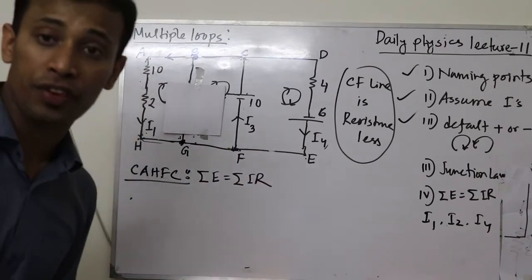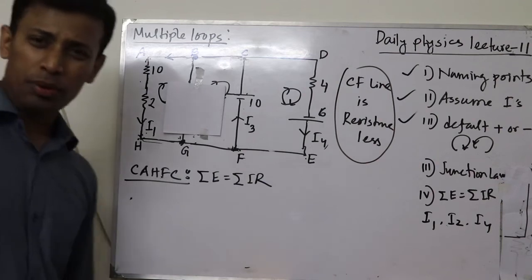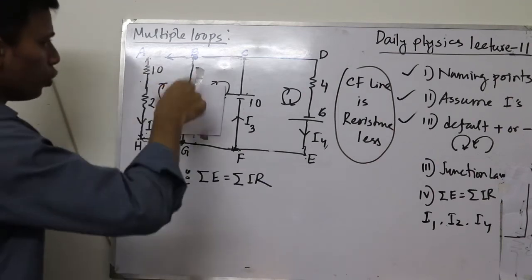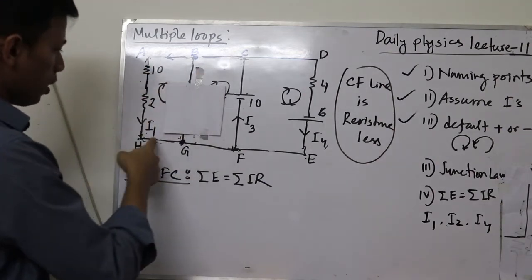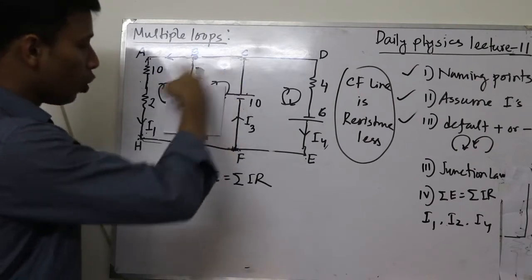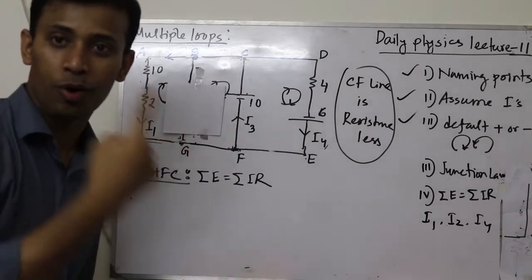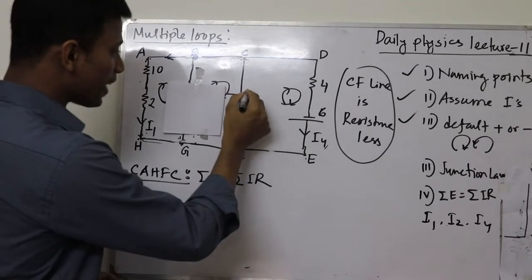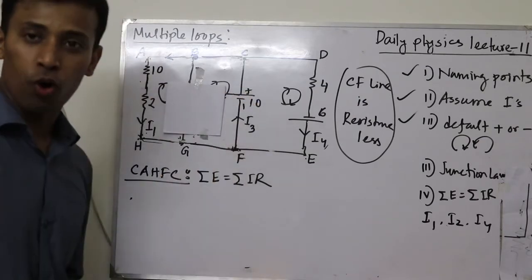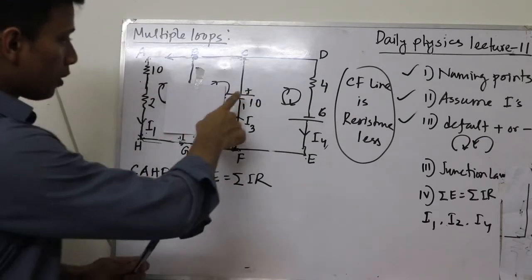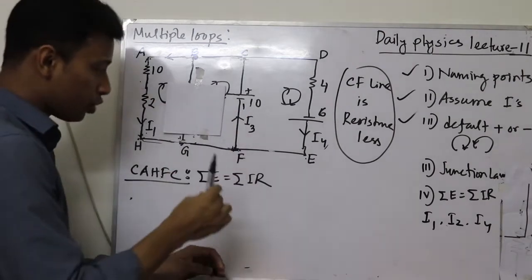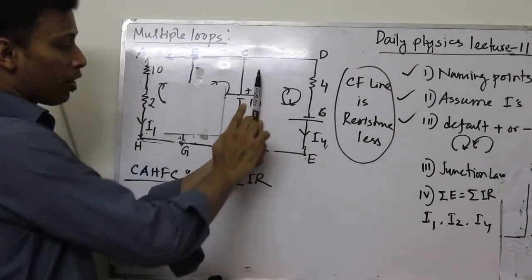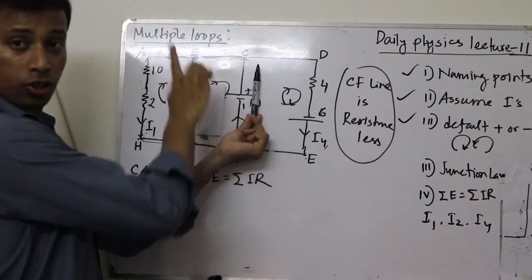Left side, summation of E. How many cells are here? Go through the loop. We have only one cell, and this good looking cell is 10 volt. That's the positive side, that's the negative side. So the direction of the 10 volt will be upward, towards positive, right?